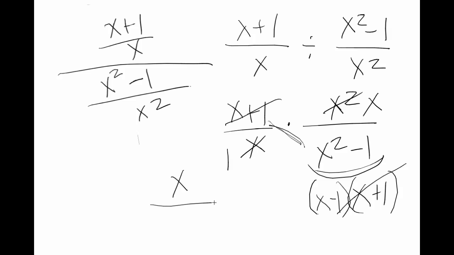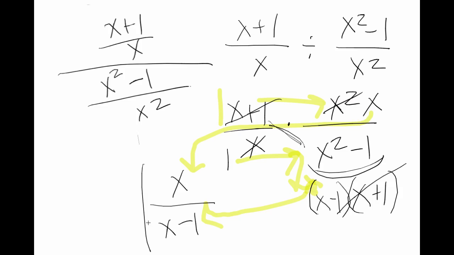So then all I have left is x over x minus 1, and we did that simply by multiplying across, right? If these cancel, this is 1, and 1 times x comes down and is my numerator. 1 times, I guess it's down here, the x plus 1 that I have left forms my denominator. This final expression cannot be simplified any further, so this is my answer.